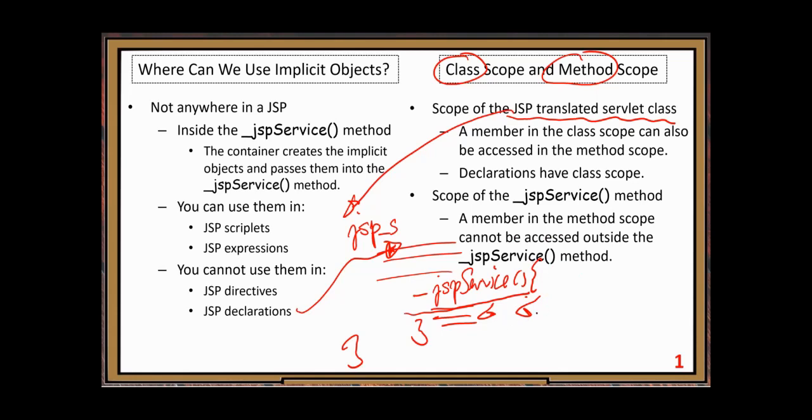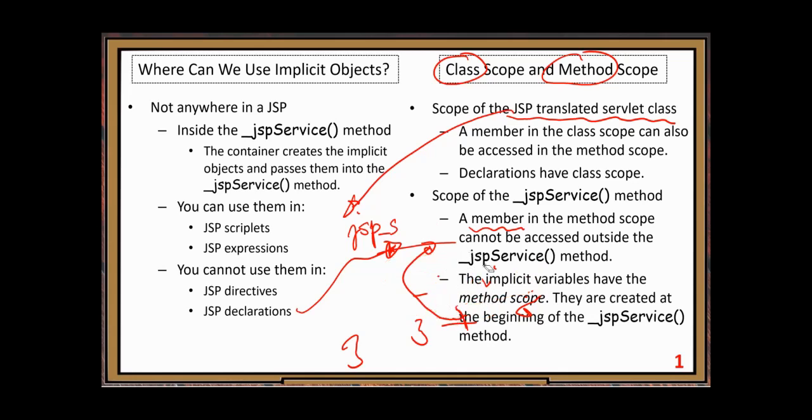So when you define some member here, which could be a variable or a method, you cannot use it outside. So that's very natural.